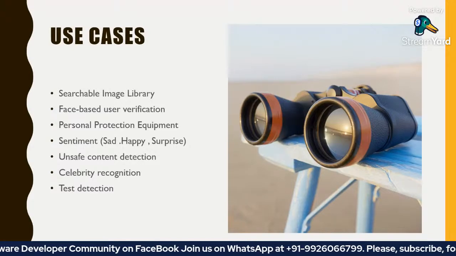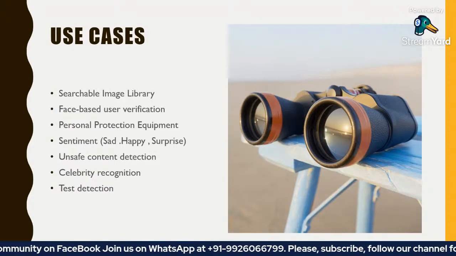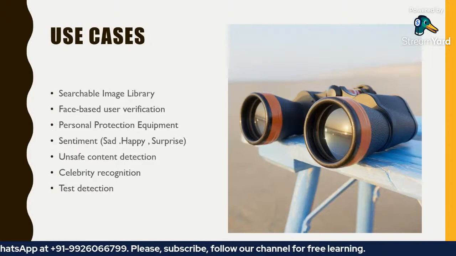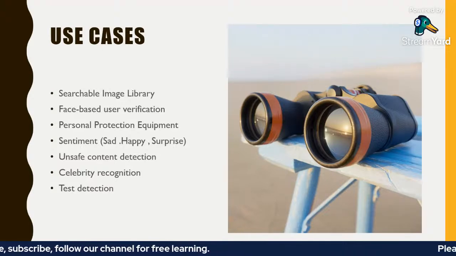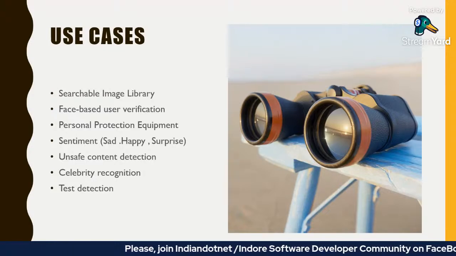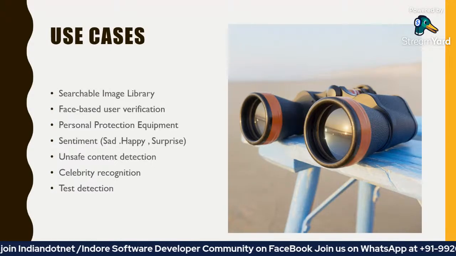So you can categorize those images, and once you search for any specific image, like search the images for cars, you will get all the images from your database which have a car in that picture. So you can create that kind of library.